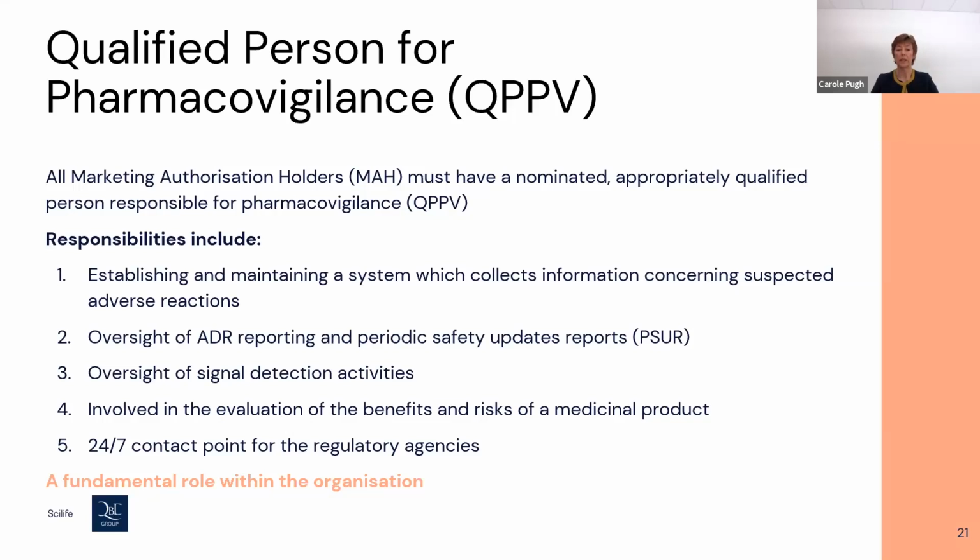They can delegate certain parts, but they must retain overall responsibility. And they will be the key agency contact in any safety issue or PV inspection. They're therefore a fundamental role within the organization, and they must have the authority to ensure the system operates correctly.